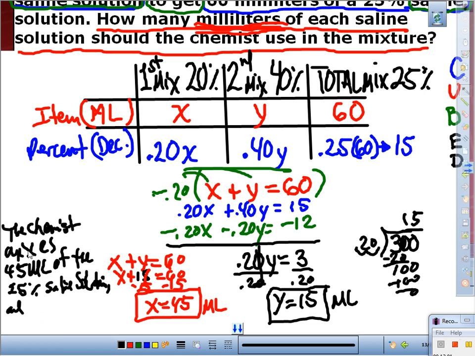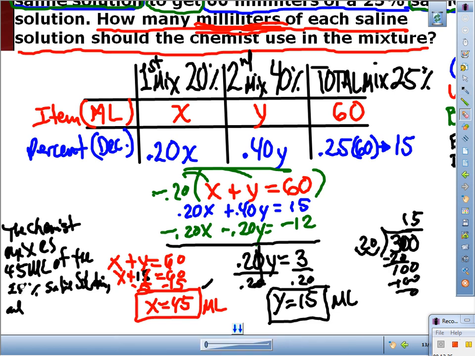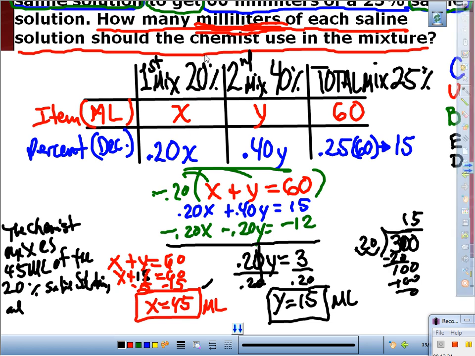The chemist mixes 45 milliliters, which is this one, of 20% saline solution. 20%, which is this one. 45 to the 20.